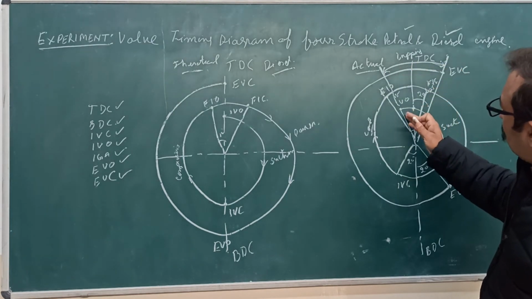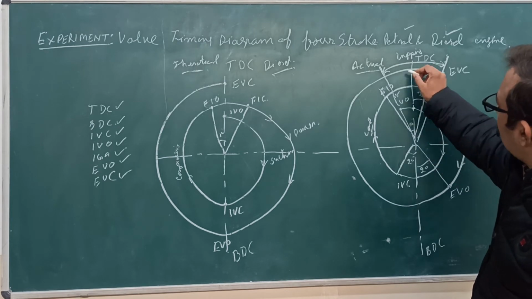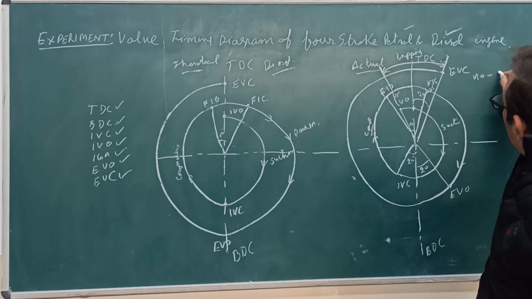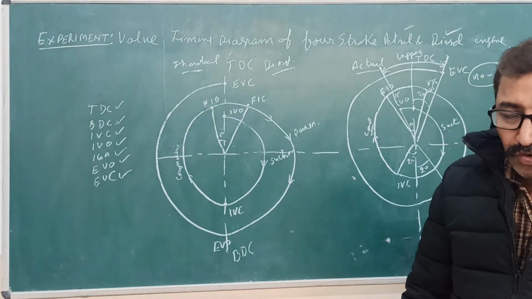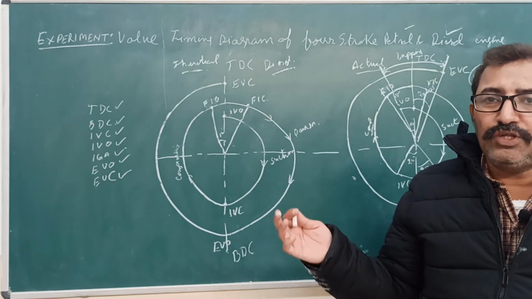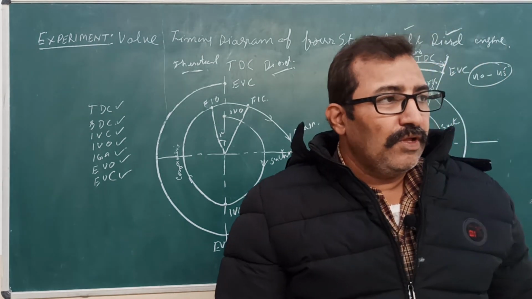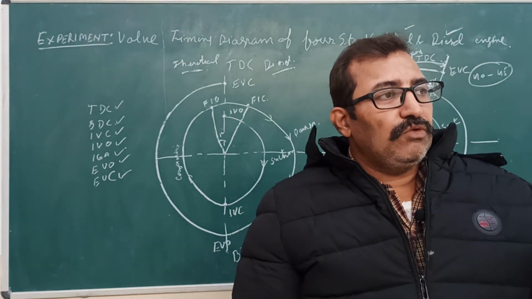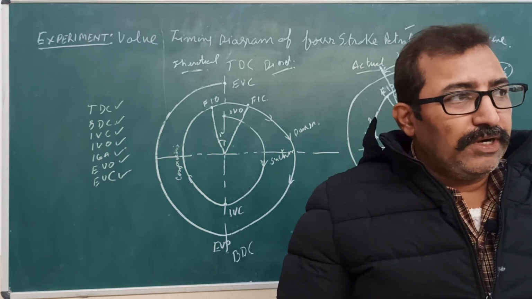This angle is 40 to 45 degree. Hopefully you understand the valve timing diagram for 4-stroke engine. Let's move towards the cut section model in which we can understand the valve timing diagram.